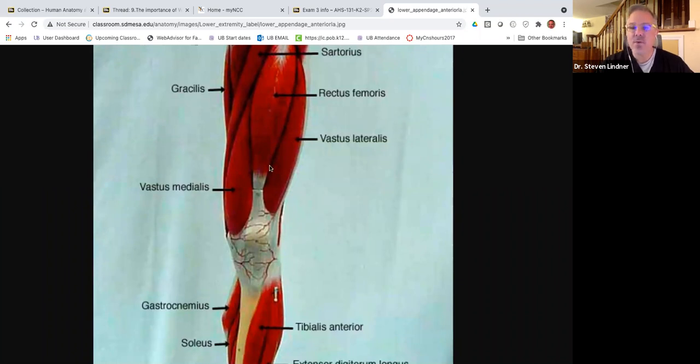All four of those quadricep muscles will extend the leg or extend the knee. So it's a forward movement of the leg, right? So typically from the upper extremity, anything that goes anterior is always flexion, right? Flexion of the shoulder, flexion of the elbow, flexion of the wrist, flexion of the fingers. But when we look at the lower extremity, you are moving the lower leg forward, but that's not called flexion, it's called extension.